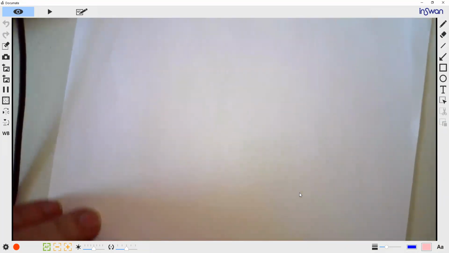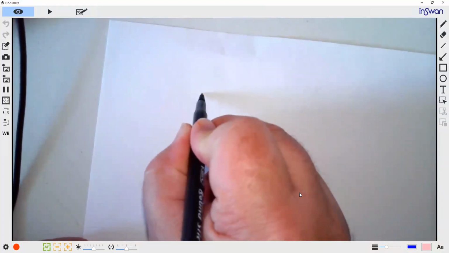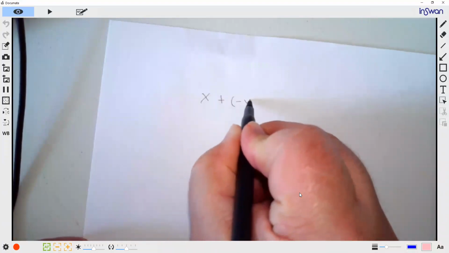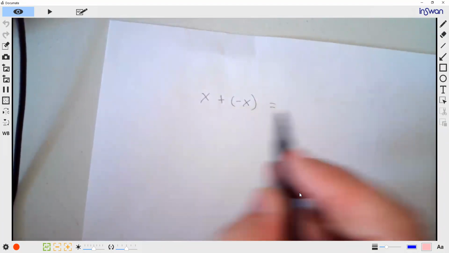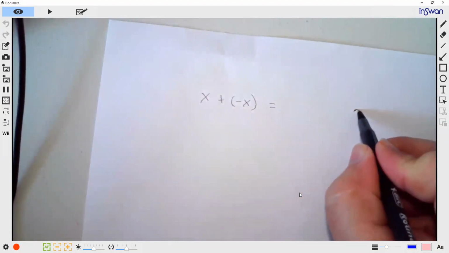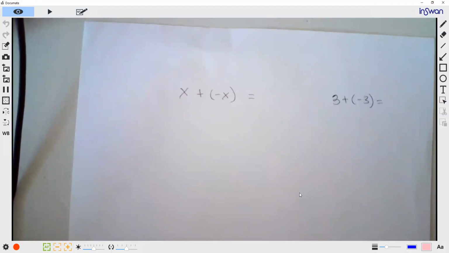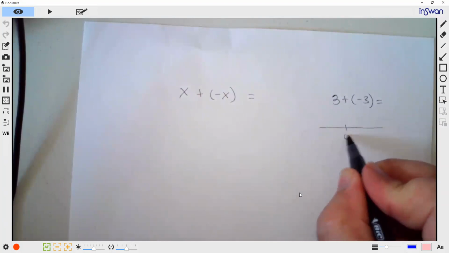And then we have other rules, other properties. x plus a negative x equals what? 3 plus negative 3 equals what? Okay, so let's look at this. We start at 0.